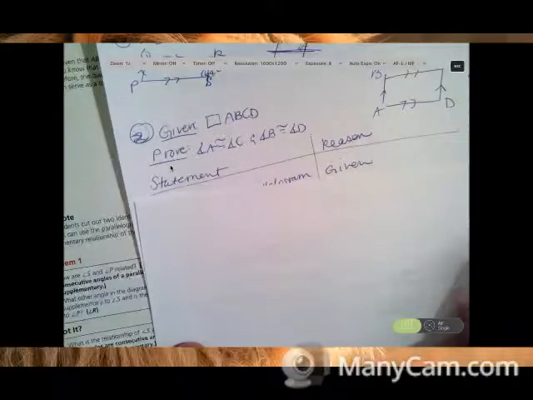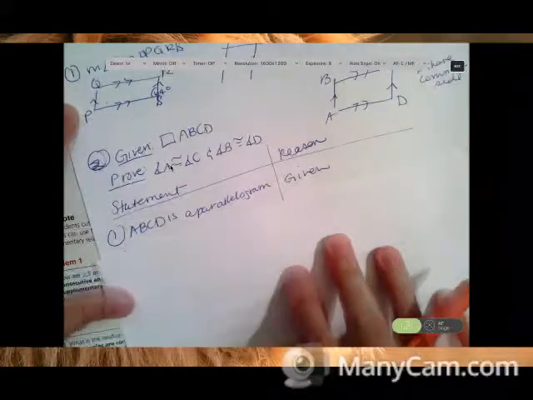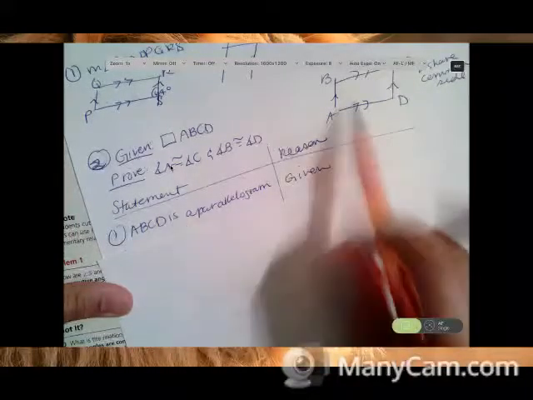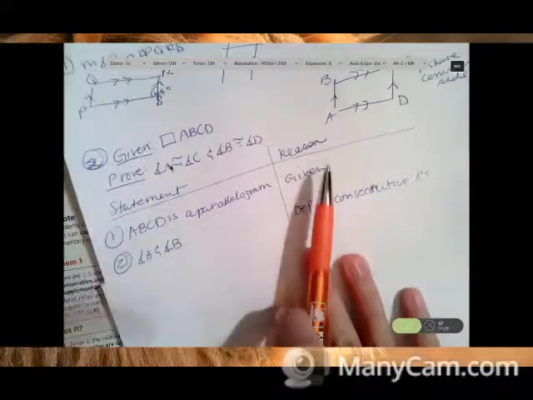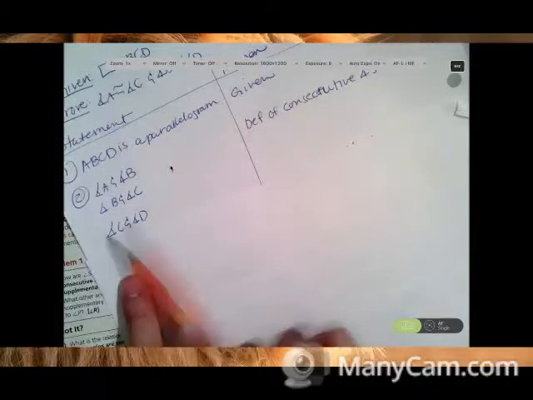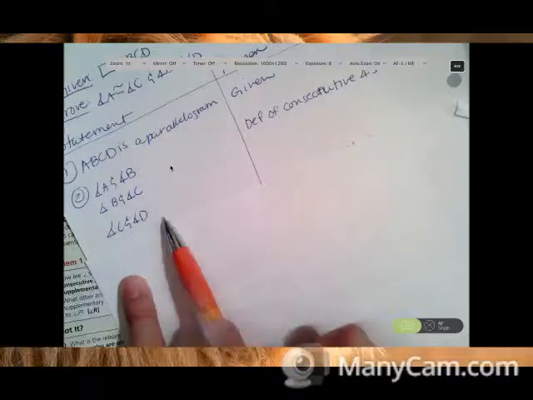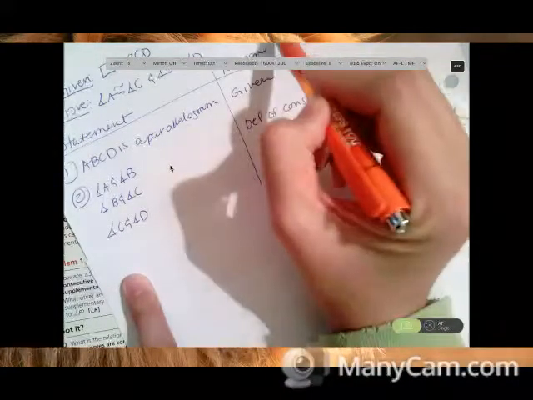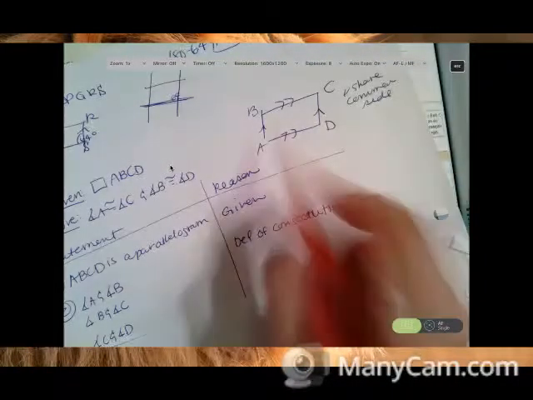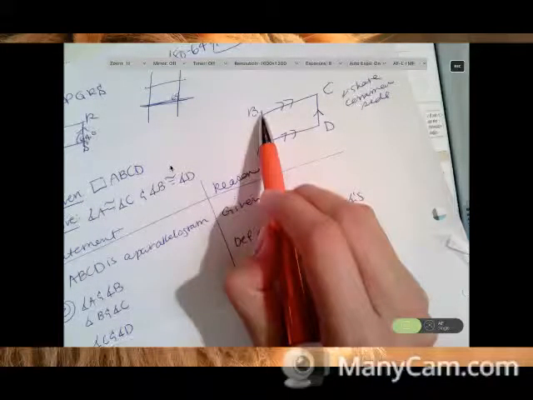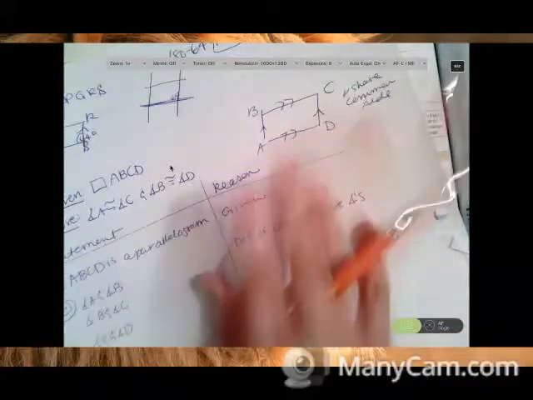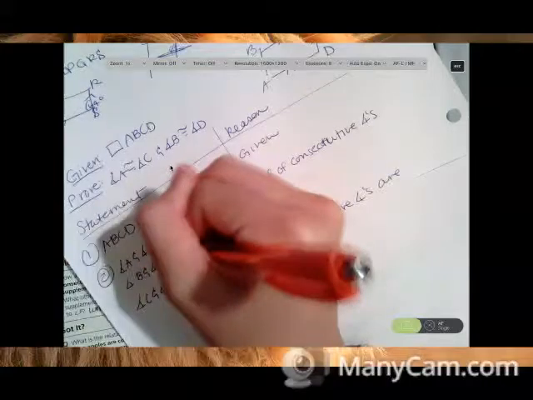Okay, so now what we want to do next is somehow get from here to relating to the angles. So, let's look at the angles: angle A and angle B and angle C and angle D. These are called consecutive angles.